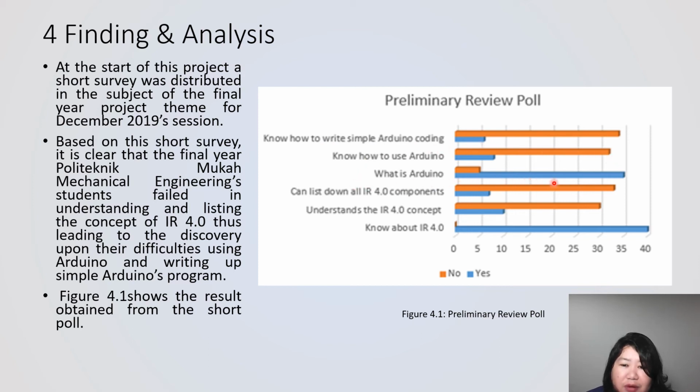But most of the students know what Arduino is, though most of them cannot list down all the IR 4.0 components, and most do not understand the IR 4.0 concept, although most of them know about IR 4.0. So this is the preliminary review report.